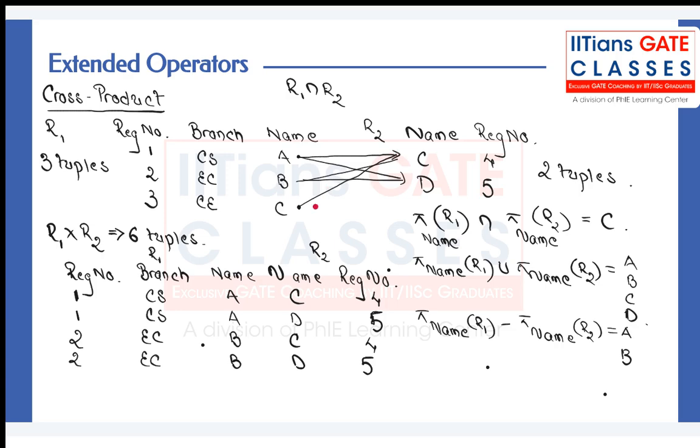So what will I get? 3 C E, C C4. Perfect. So 3 C E, C C4. And the last one will be 3 C E, C D5. Right? These will be the six tuples that will be returned by the cross product.